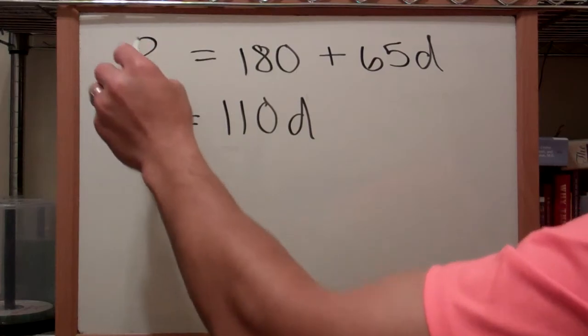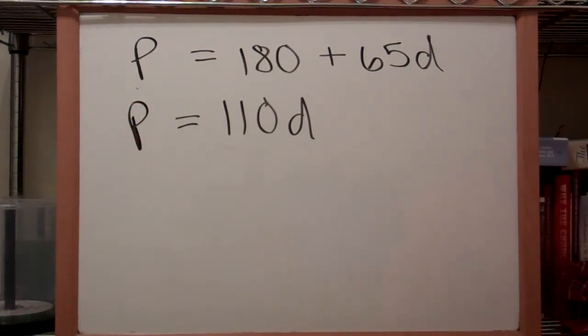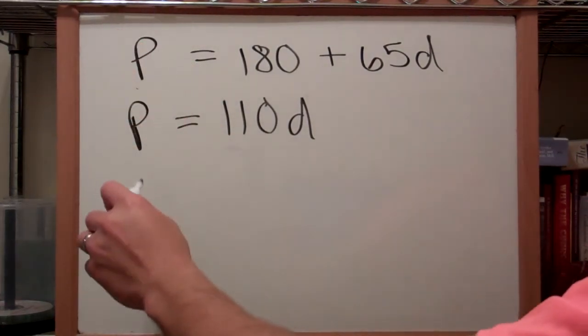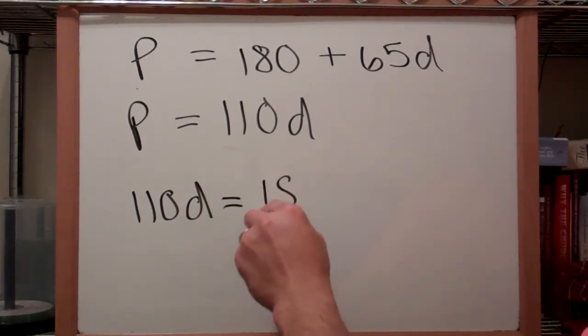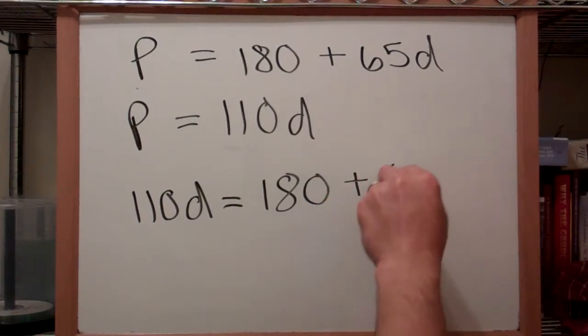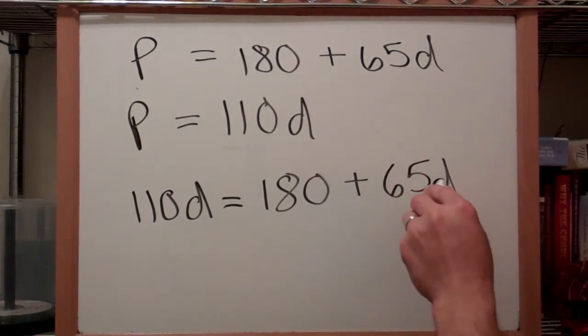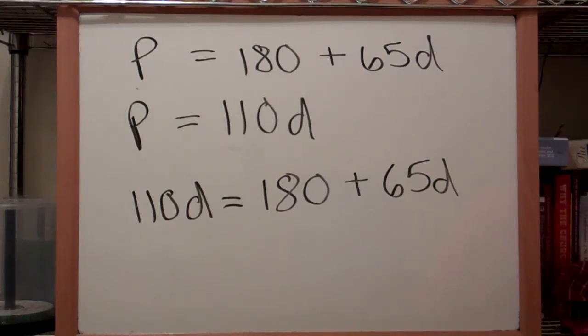Let's say P for how much they pay. And since they're equal to the same letter, we can set the two quantities equal to each other. We can say this, where D here represents the number of deer that were shot at the club. And now we can solve for D.